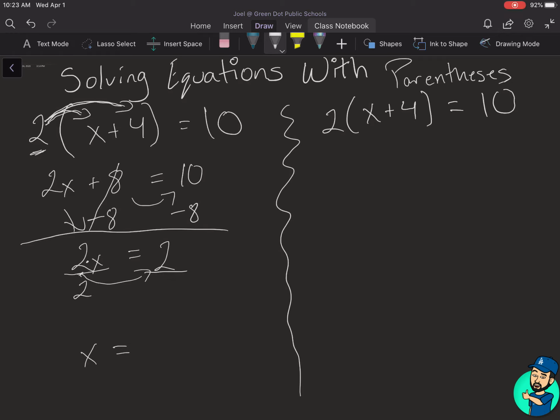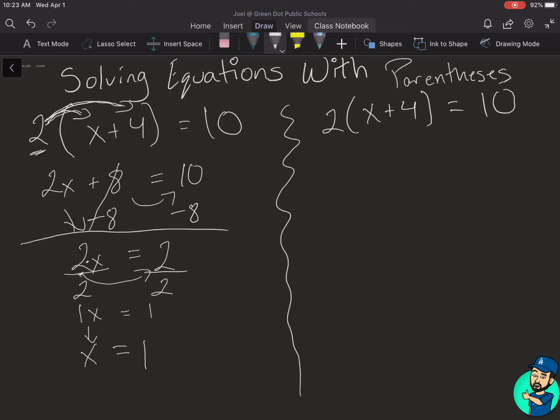So you divide both sides by 2. Now what happens here, on the left-hand side, 2 over 2 is 1. 1x is just x, so I just copy and paste the right-hand side. So x equals 1.